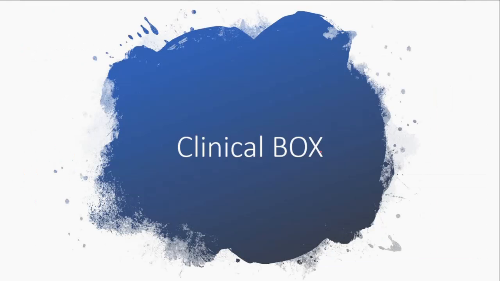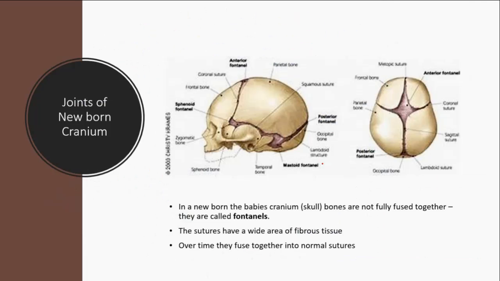So now let's look at the clinical box. This is the interesting part of the lecture. The first example is joints of the newborn cranium. I hinted towards this at the beginning, but remember that we said the type of joint that exists between the bones of your skull are, do you remember?